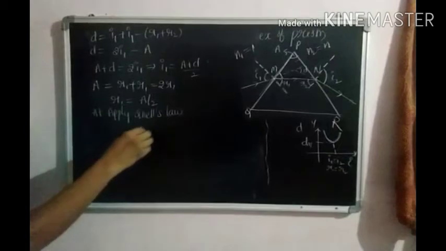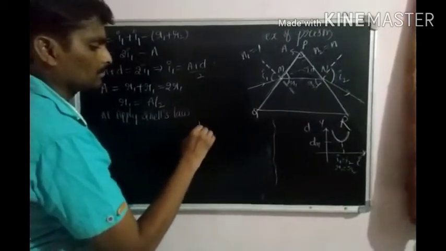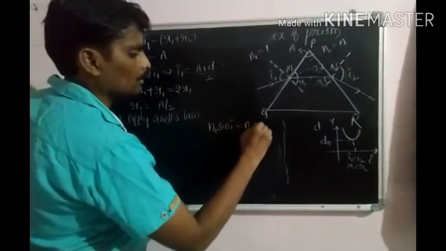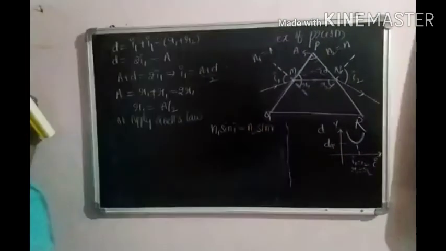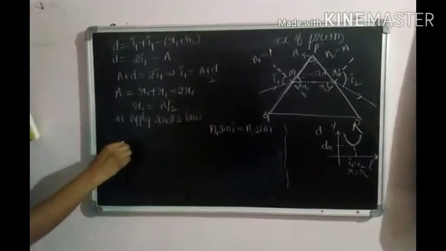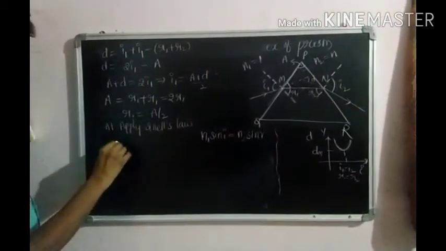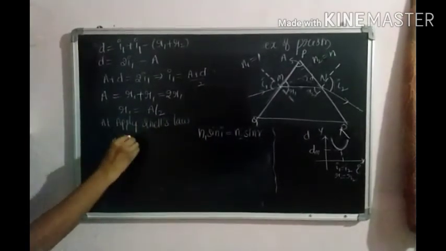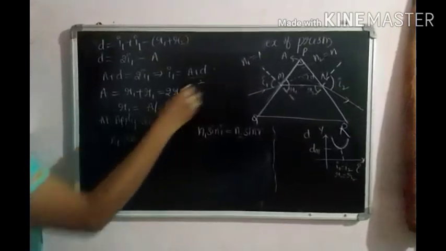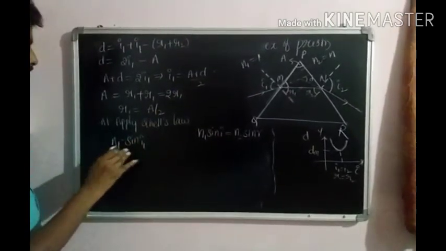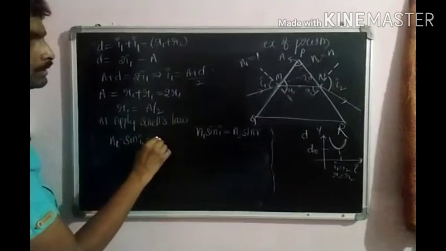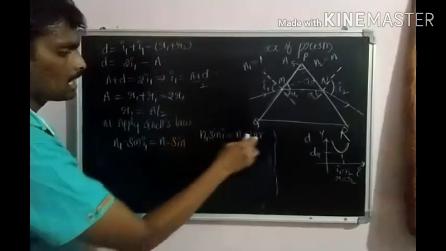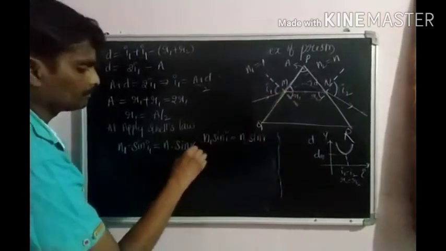What is Snell's law? N1 sin I equals N2 sin R. This is Snell's law. So I apply it here: sin I means sin I1, N1 equals N2 sin R means N sin R1.